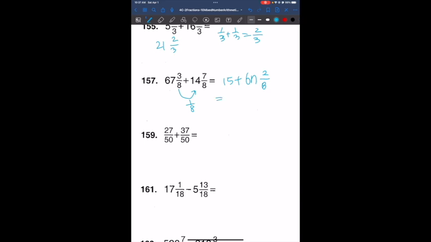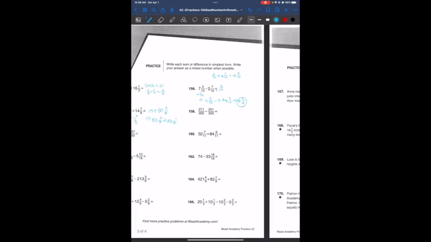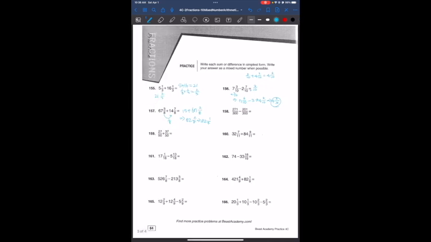And so when we add the whole numbers together, that's going to be 82 and 2/8, so that's going to be 82 and 1/4.